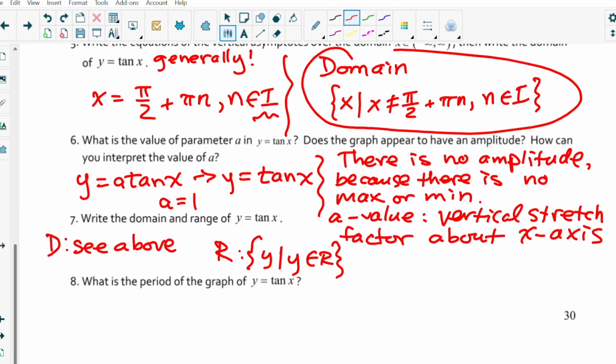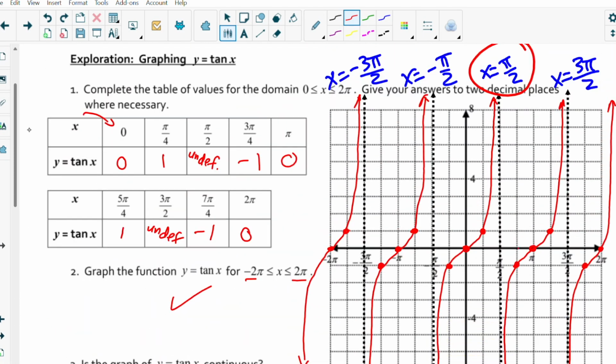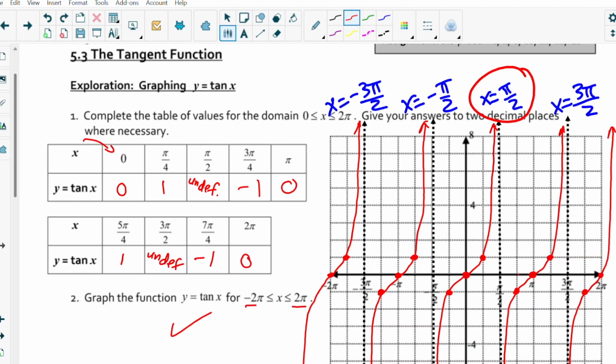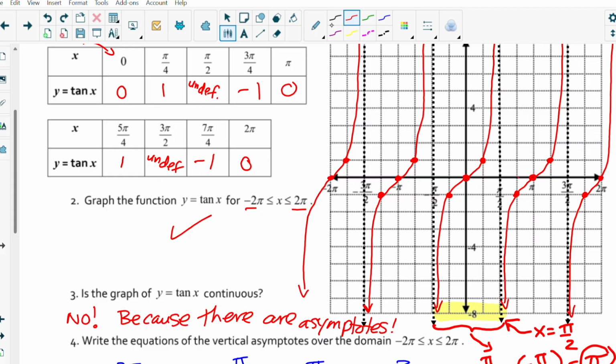What is the period of the graph? Period is one cycle. Where do I start? Where do I end? At the same relative point. So I can go from asymptote to asymptote to define my period.